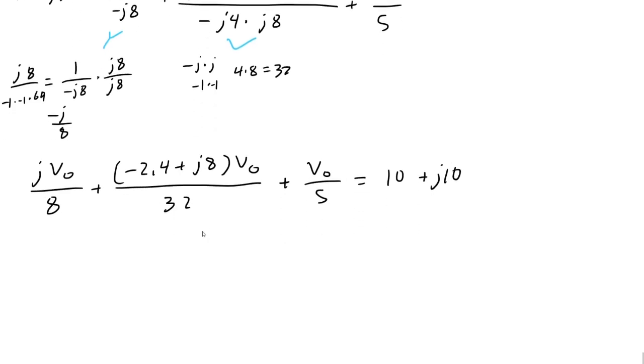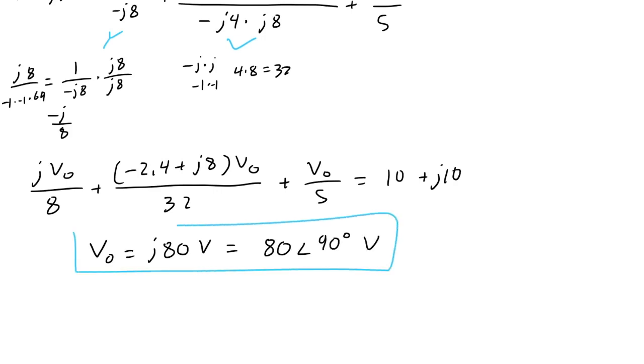So if I punch that expression into my calculator, I get VO equals J80 volts, which also is 80 as the magnitude, with a phase angle of 90 degrees, volts. So I got the rectangular and polar form.